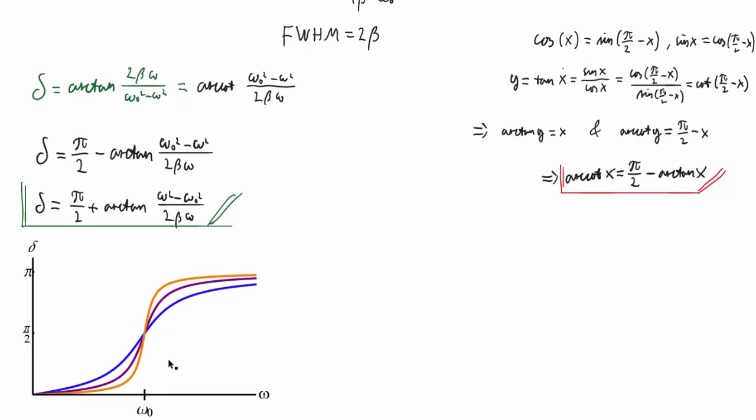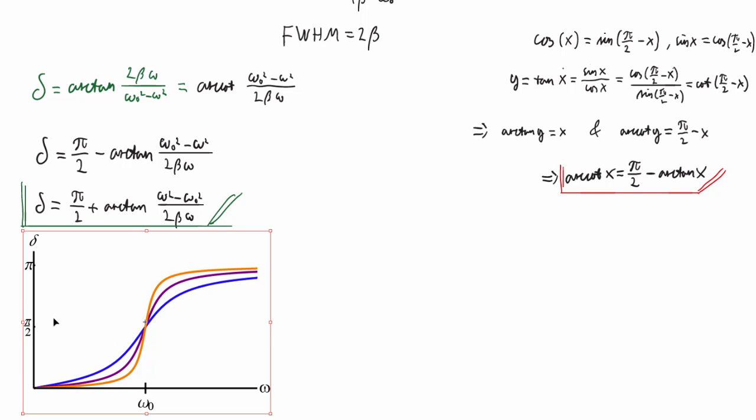So what we can see here is that if we are far below the resonance frequency, then delta is 0. If we are far above the resonance frequency, then delta is pi. And if we are at the resonance frequency, basically if omega naught equals omega, then delta equals pi over 2.